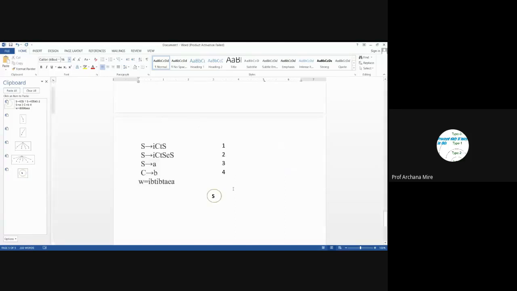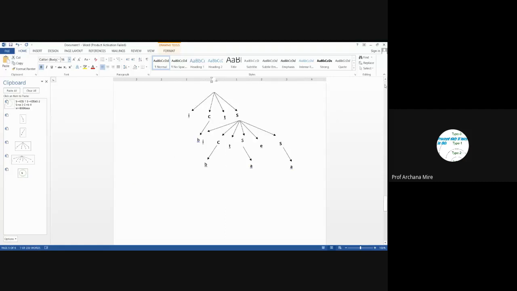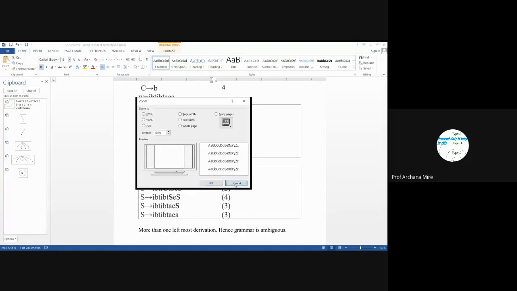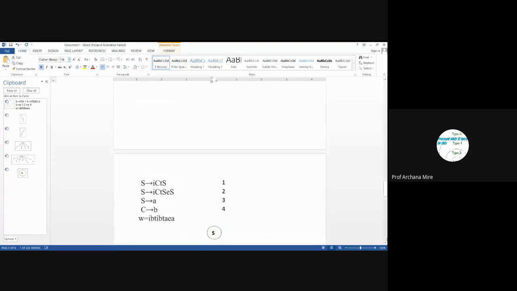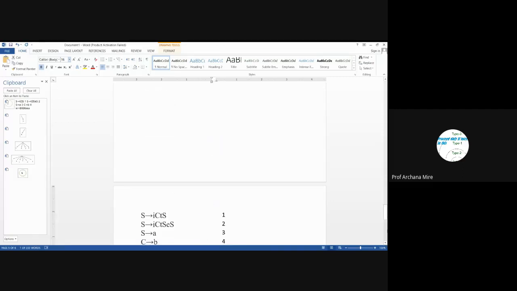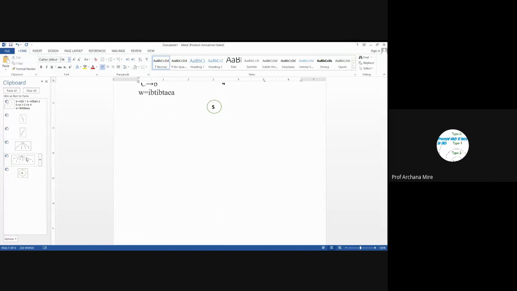So once again, we will be starting with the starting symbol S. For the first tree, we applied production rule number 1. So here, for this tree, we will apply production rule number 2.